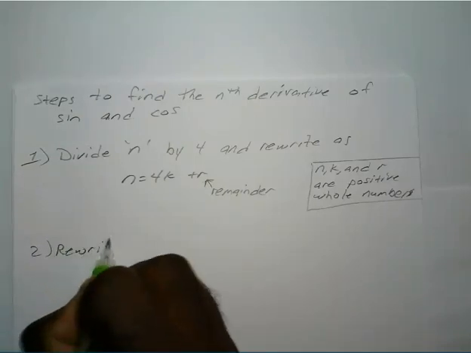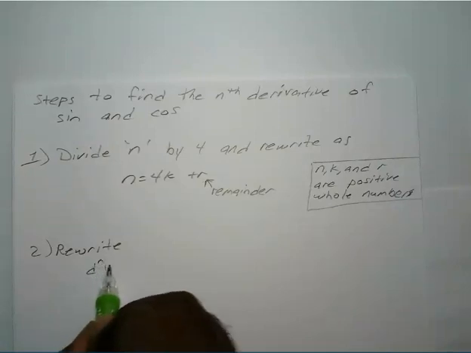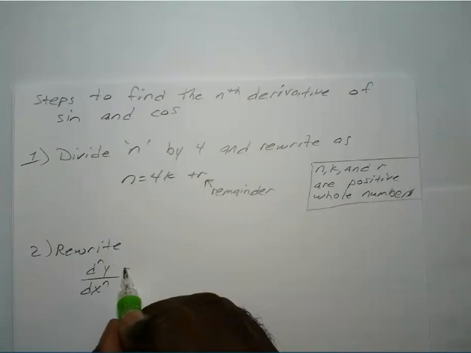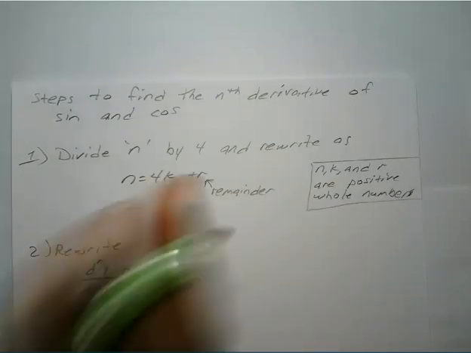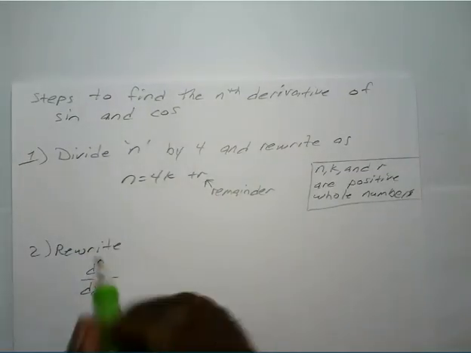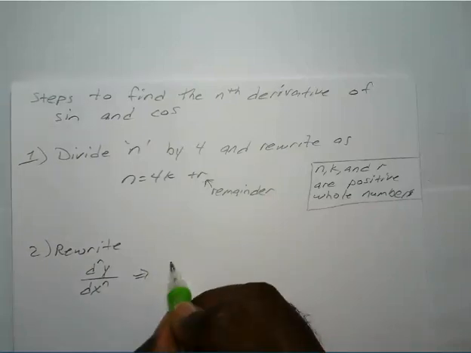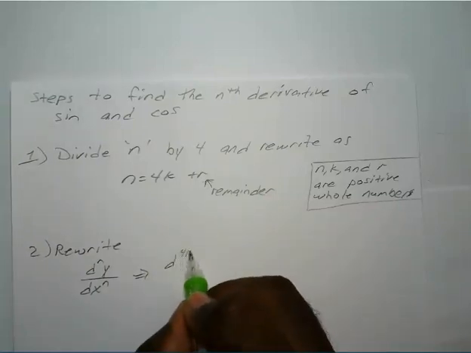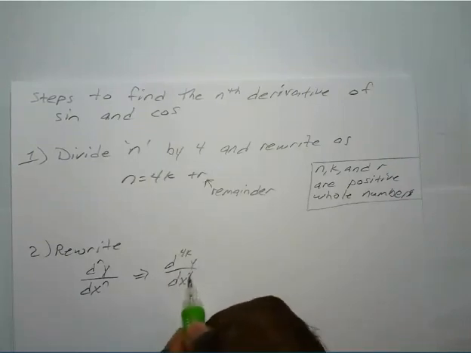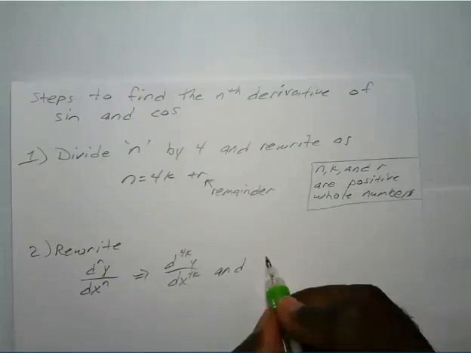Okay, so your nth derivative of, let's say, your sine of x, you're going to rewrite that as your fourth k derivative and your remainder. And I'll show you why I'm doing this in a second.